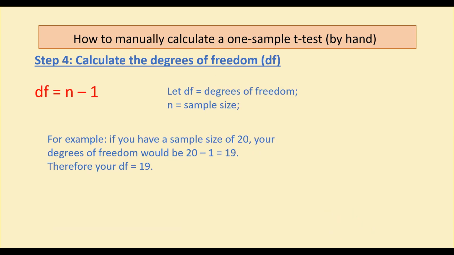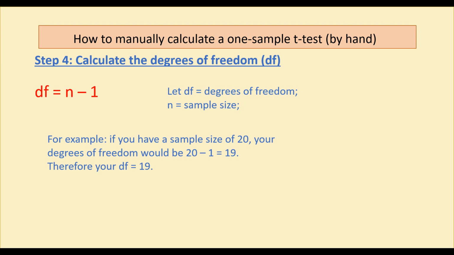Now we're going to start going into the actual calculations of the one sample t-test. As you can see, the first three steps are really just setting up the design, or setting up some of the fundamentals for the test. But step 4 is when we start calculating things, and here we're going to calculate what is known as the degrees of freedom. The degrees of freedom is going to be based on your sample size.